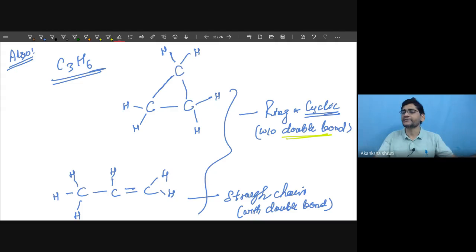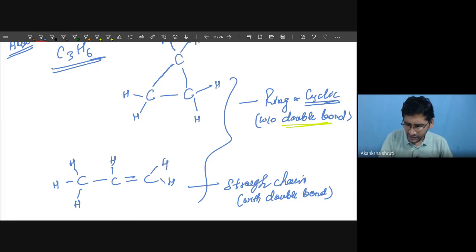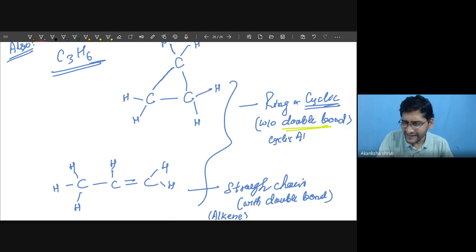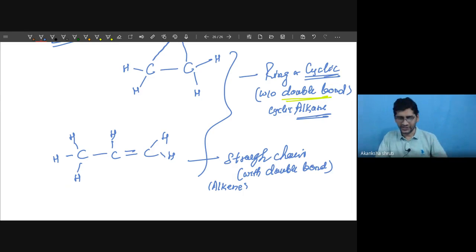They have entirely different structure and different behavior, because the straight chain has a double bond but the cyclic one does not. Wherever there is a double bond, that group is called alkene. This we will learn in more detail. But this one, though it is cyclic, is a cyclic alkane. Therefore, these two are entirely different.